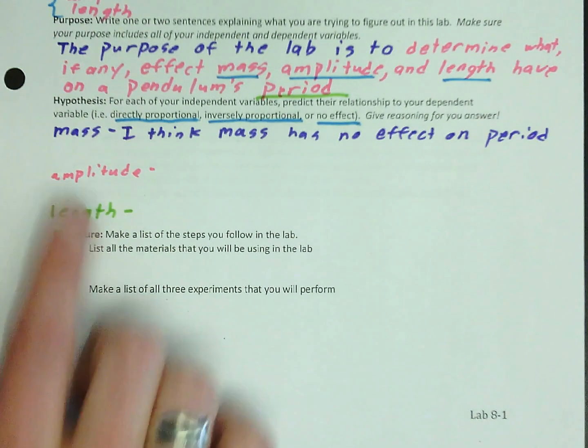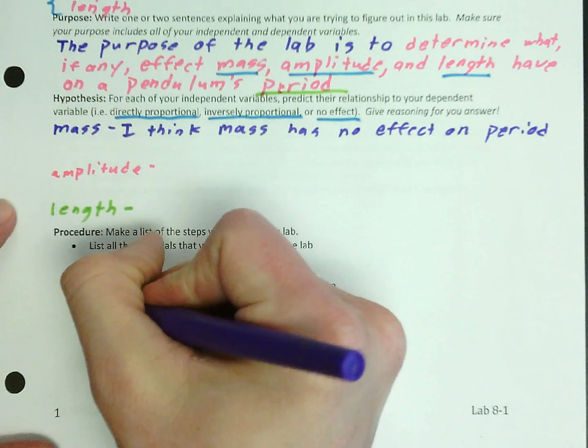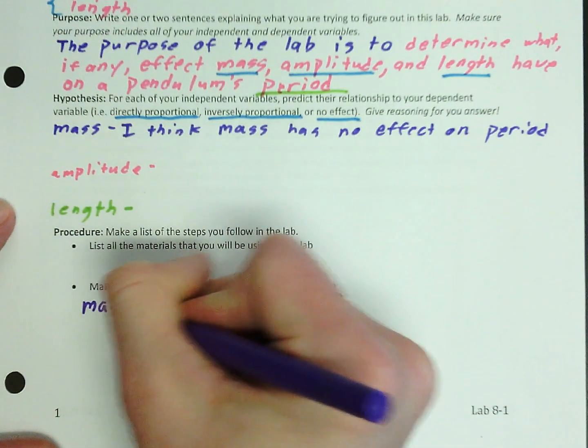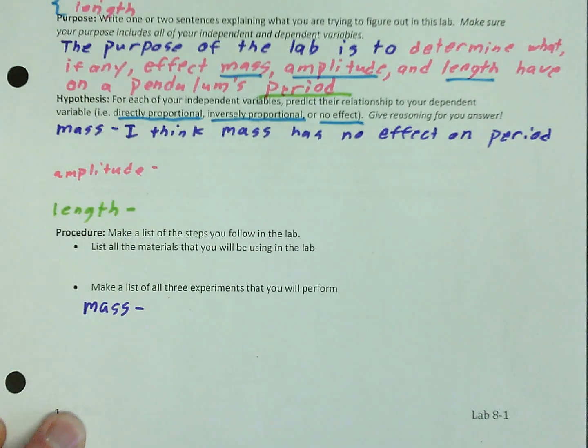Okay, the next thing you're going to do is you're going to make a list of the experiments you're going to perform. This does not need to be challenging. You're just going to write, so I'm going to write for mass. So what's the experiment I'm going to do for mass? The experiment I'm going to do is I'm going to change the weights that hang from the string, and I'm going to measure the period. Okay, that's it.